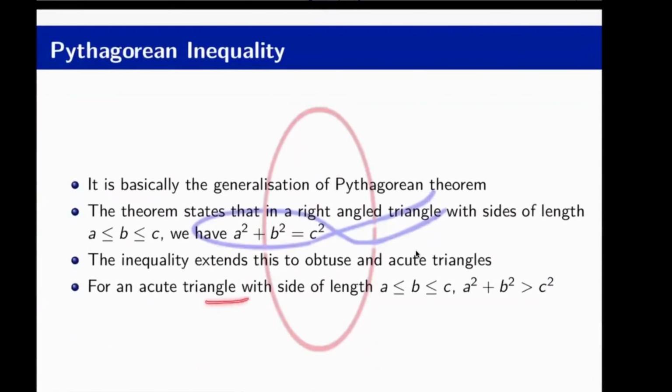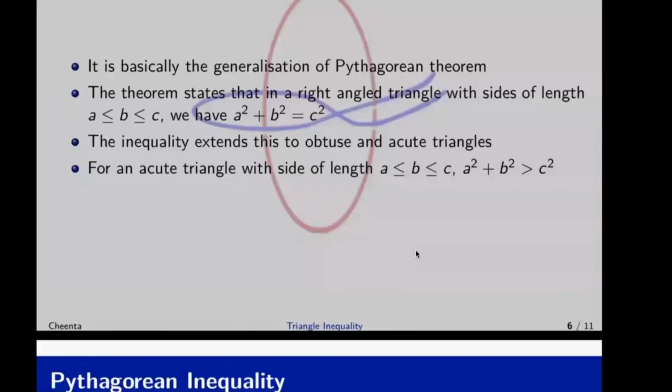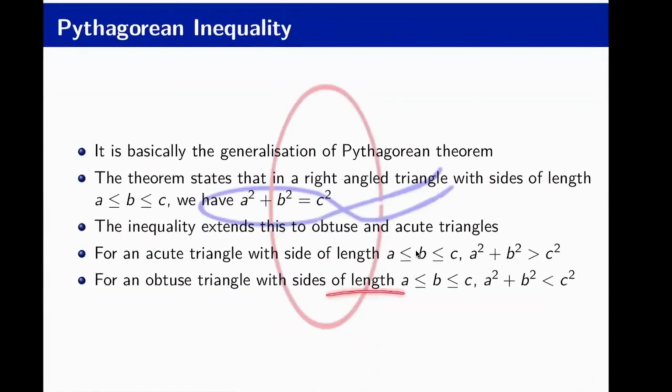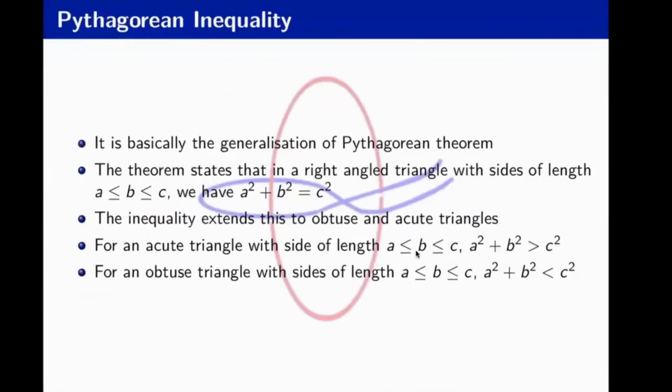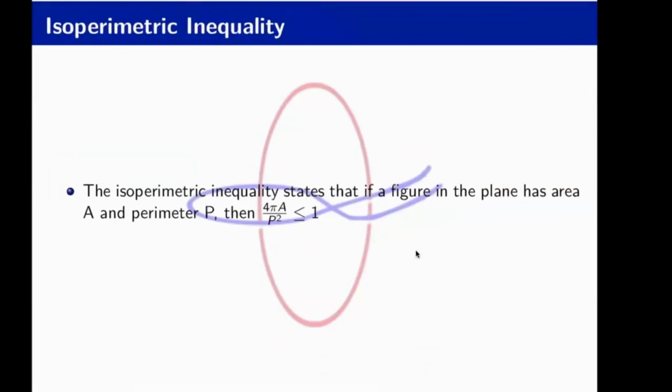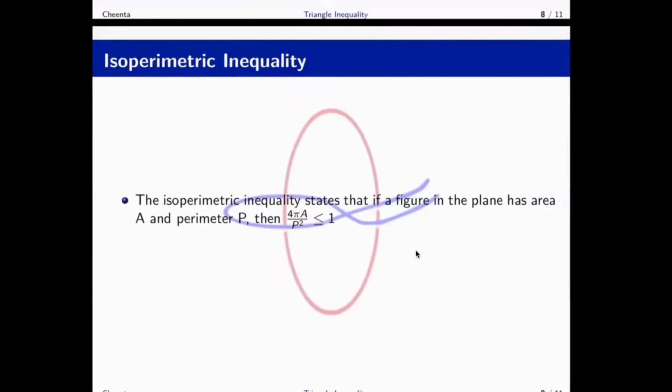So for an acute triangle with sides of length a less than b less than c, a square plus b square is greater than c square. And for an obtuse triangle with sides of length a less than b less than c, a square plus b square is less than c square. So that completes this Pythagorean inequality.